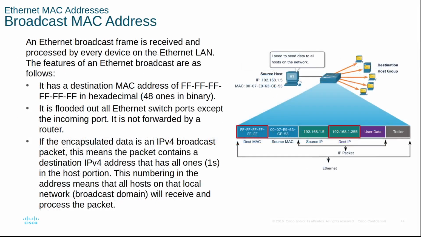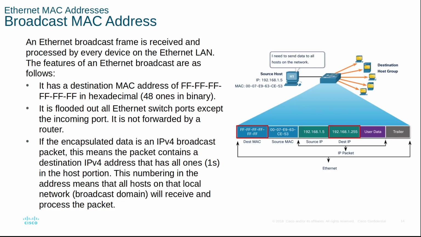Now, Ethernet frames could be broadcast as well, aside from unicast. They can also be multicast, which we're going to look at in a minute. Broadcast Ethernet frames will have a destination MAC address of all Fs, 48 ones in binary. These frames are flooded out every single switch port except for the switch port it came in on.